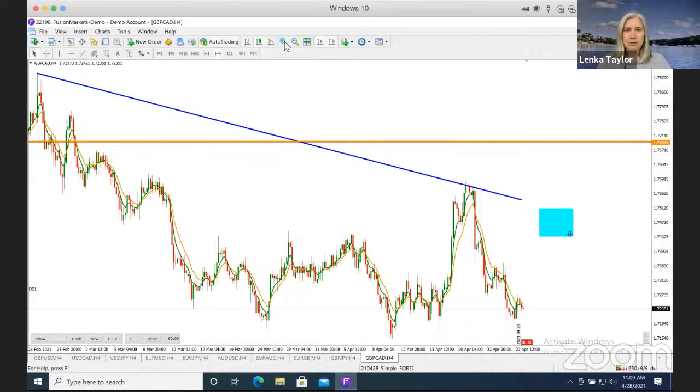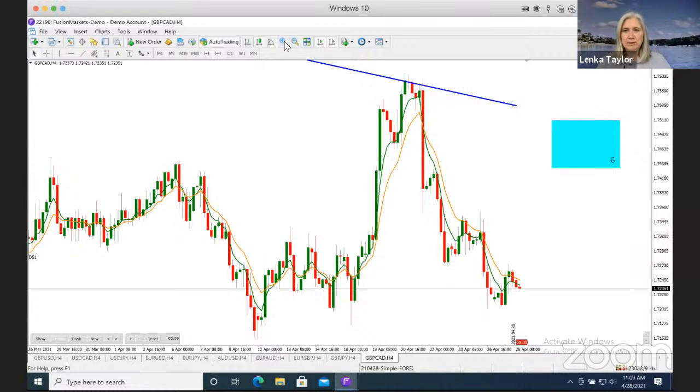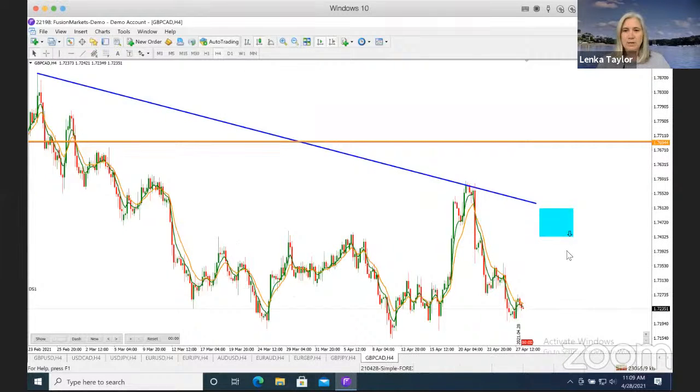So to get in on the 4-hourly chart, I would be looking for a pullback all the way up to this trend line would be ideal, and then looking for a short. Just in case it stops around in this area, then we want it to be as high as possible. Otherwise, if it keeps going down, then looking at a retest around here. But at the moment, let's see if it's going to come back to there.